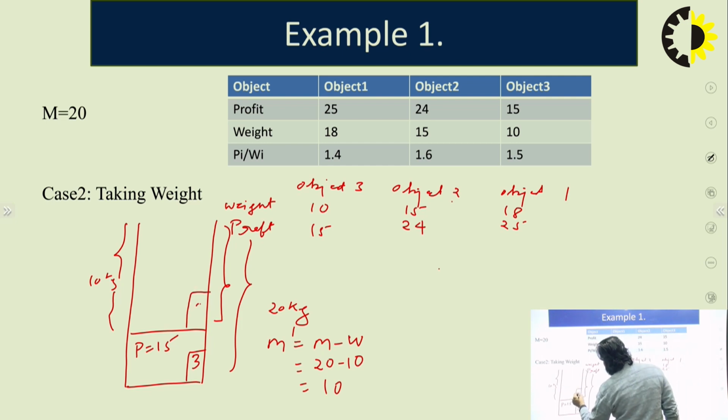Now we are taking object 2. The remaining weight is 10, the weight of object 2 is 15, and profit equal to 24.